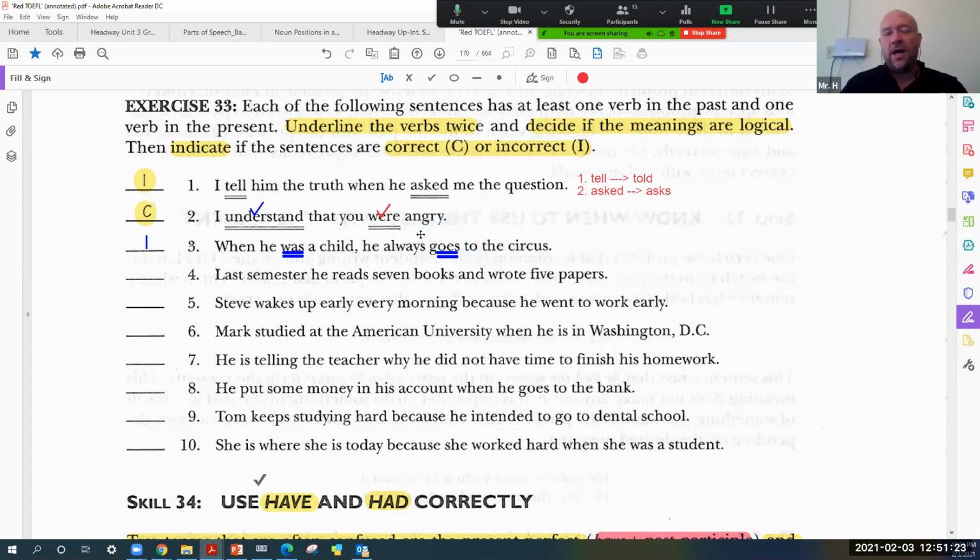By the way, if you're in 04, right now I think you're doing unit 9, actually in Headway, 9 and 10. That's on your next exam.